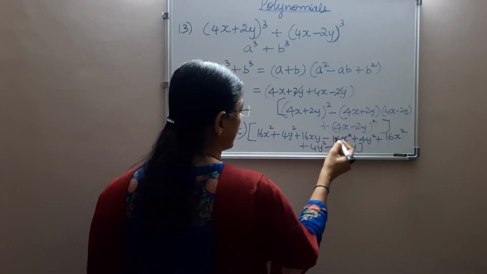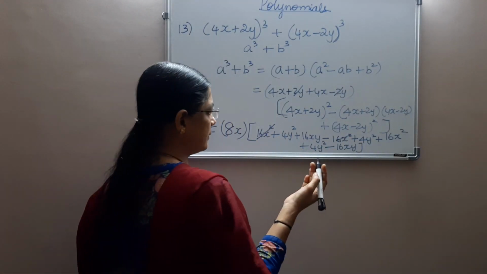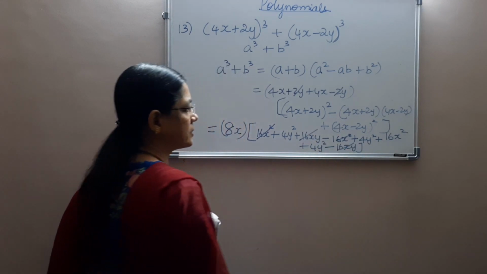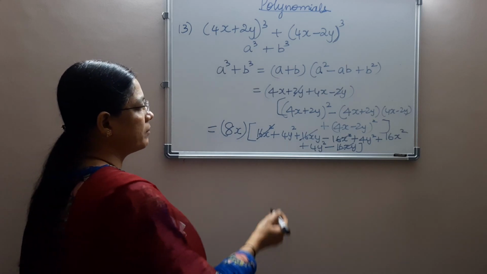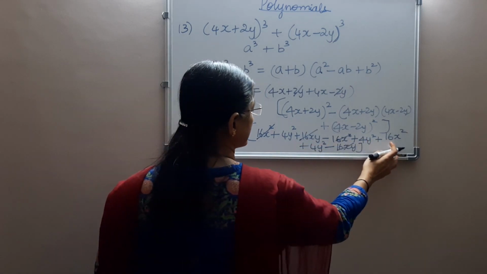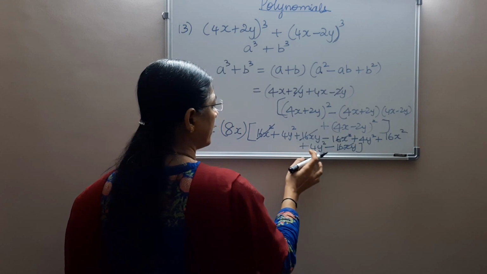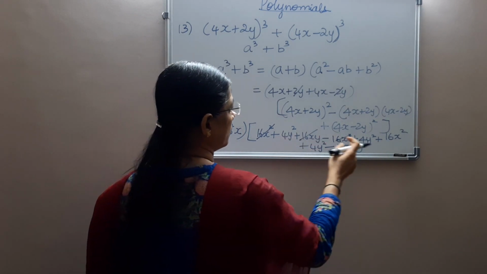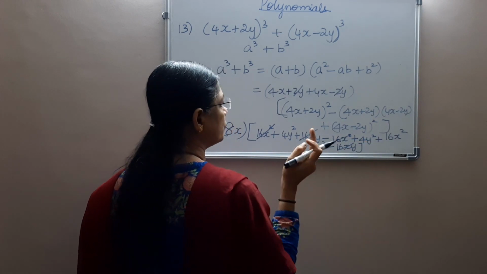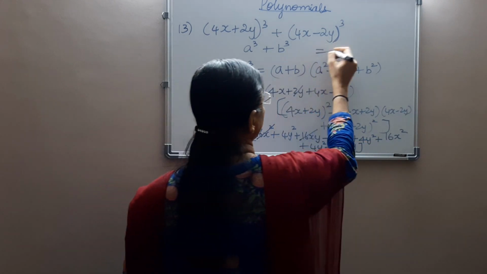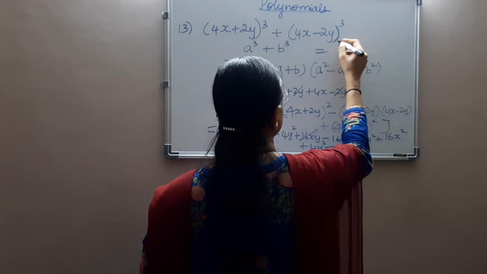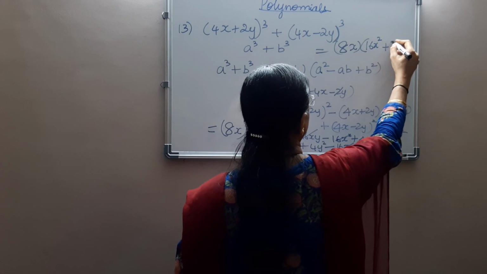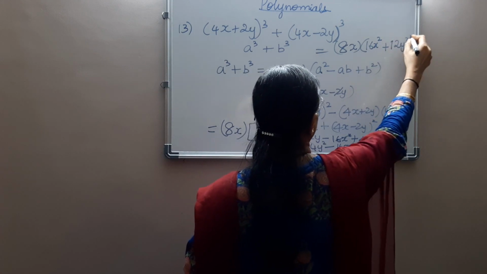So 16x squared gets cancelled, and you have plus 16xy, minus 16xy also gets cancelled. Now the remaining terms are 16x squared, and you have 3 4y squared. So 4y squared, 4y squared, 4y squared will give you 12y squared. So the answer will be 8x into (16x squared plus 12y squared).